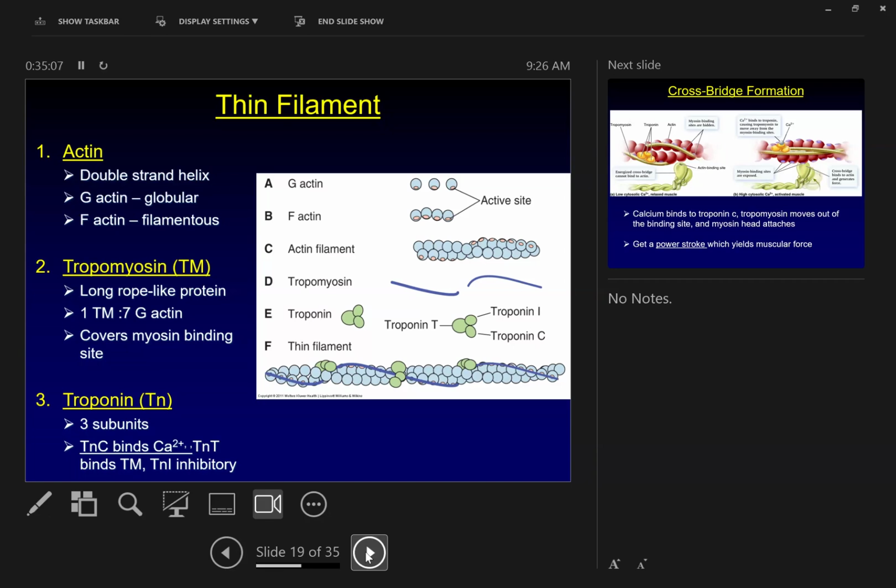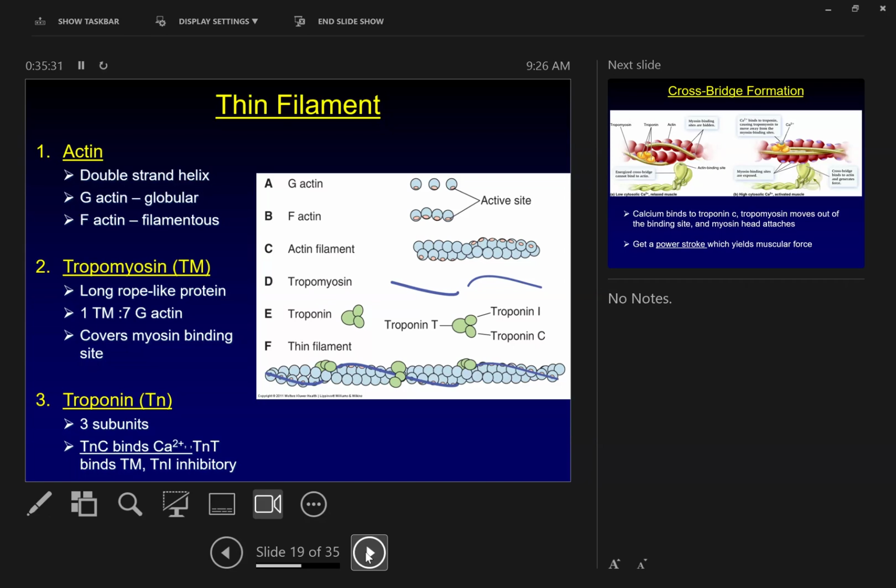So our default state on actin, therefore our default state in skeletal muscle, is no contraction. The default state is to keep actin and myosin from being able to bind together. This way, rather than having to turn something off, right? When you're getting contractions, it costs us energy.